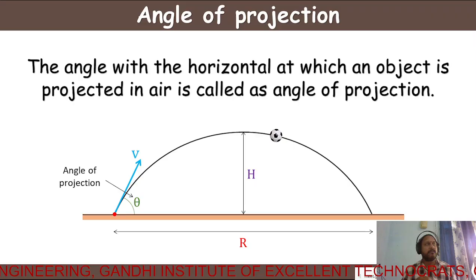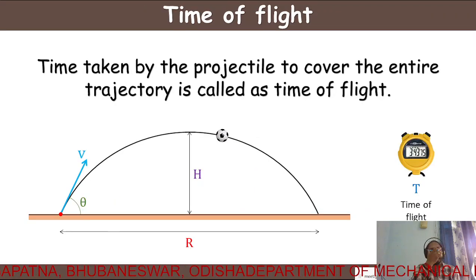Now what is time of flight? Anyone? Suppose you're playing cricket and you're the fielder. The ball has come to you, and it has come in contact with your hand, and you're throwing the ball to the wicket keeper.